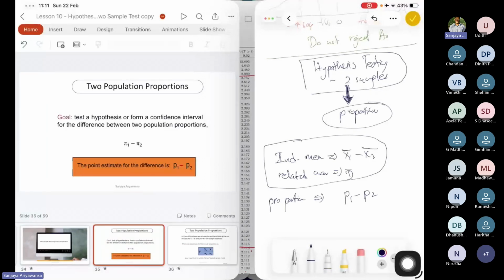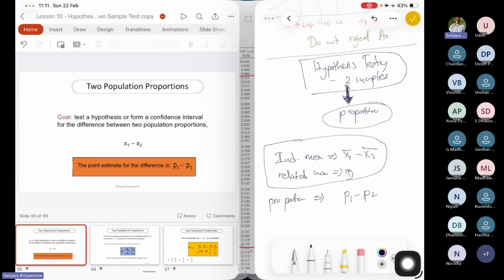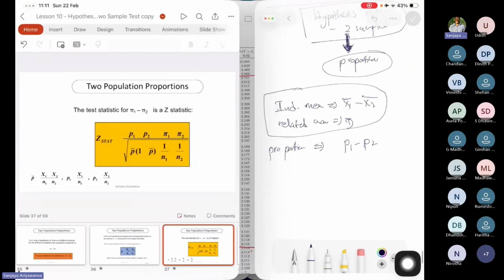Sorry about that. So the point estimate in this case is P1 minus P2. The test statistic that we're going to use in this case, like in the earlier one sample case, in the two sample case also is the Z test statistic.